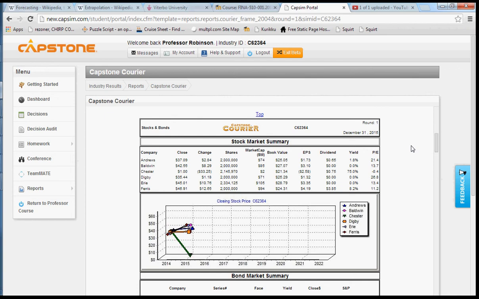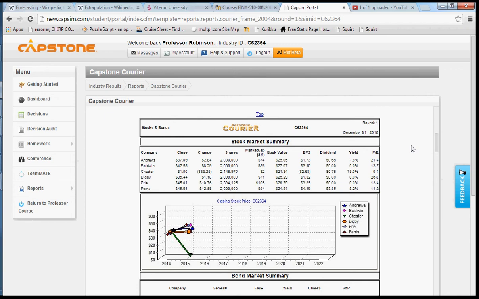So, for example, for $1 you could buy a share of Chester, and it paid a 75-cent dividend, so that would be a dividend yield of 75%. Whereas an Andrews share would cost you $37 and only give you 65 cents, so it has a yield of just a little under 2%.